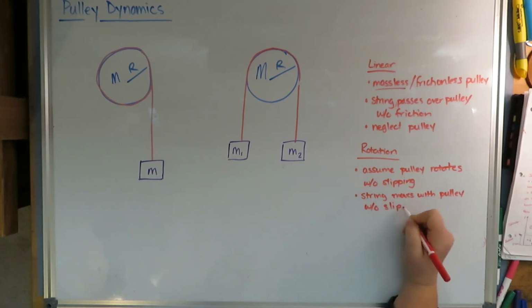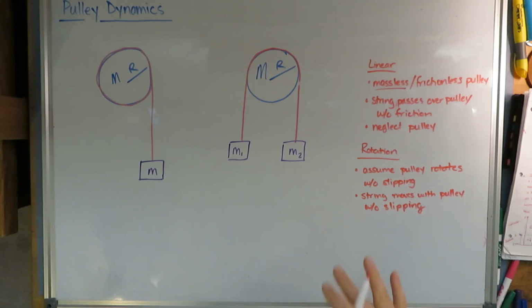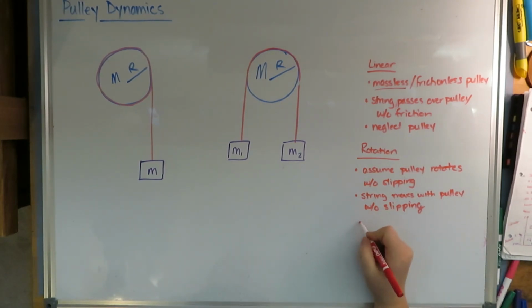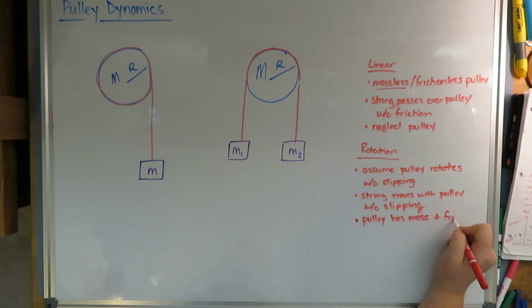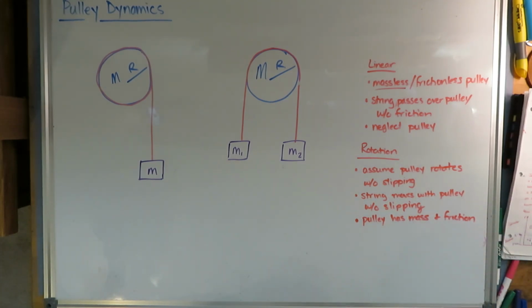And so it's this without slipping thing that's going to be the key. So whenever you see this, or additionally if they tell you the pulley has mass and there is friction present, you're going to have to include the motion of the pulley.